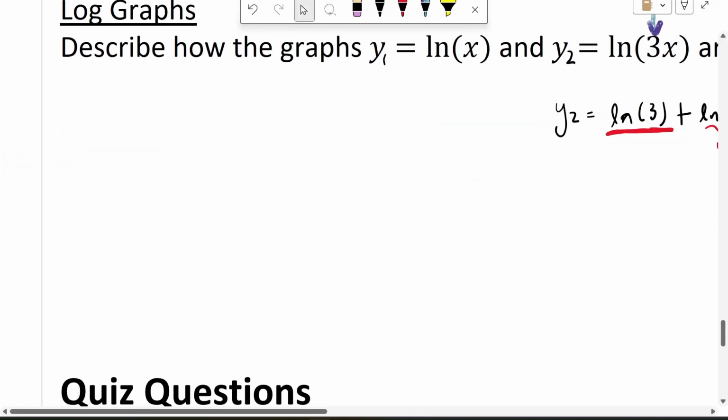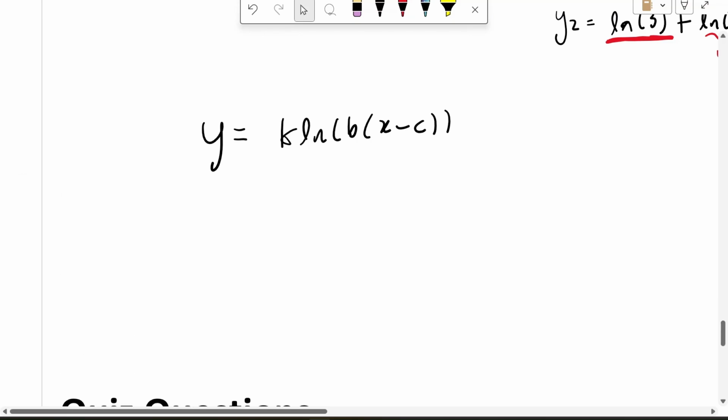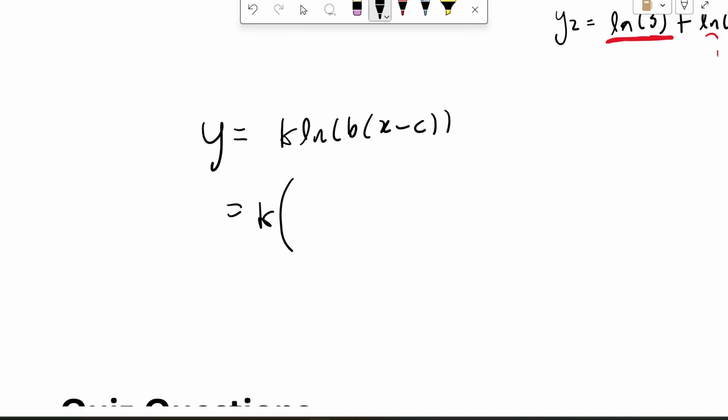So if we look at the general form of a log graph, which looks like y equals k ln of b of x take c, we can actually prove that b is a vertical translation. Essentially, we can not really worry about the k for now, so I'll leave that out the front, but we can think of that bit inside as ln of b plus ln of x take c.